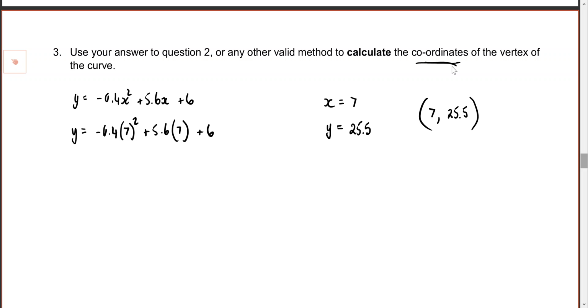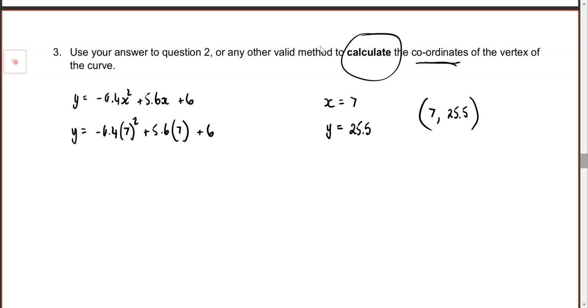What would have happened if we used the graph and tried to read the graph to get it? You can't. That's the exact point. It's a decimal value. You can't do that. Also, it says use your answer to question 2 or any other valid method to calculate. As soon as that word calculate, you know you're going to have to do some calculation. If I'd just written find the coordinates, there's a chance that you could just look on the graph and find the coordinates.